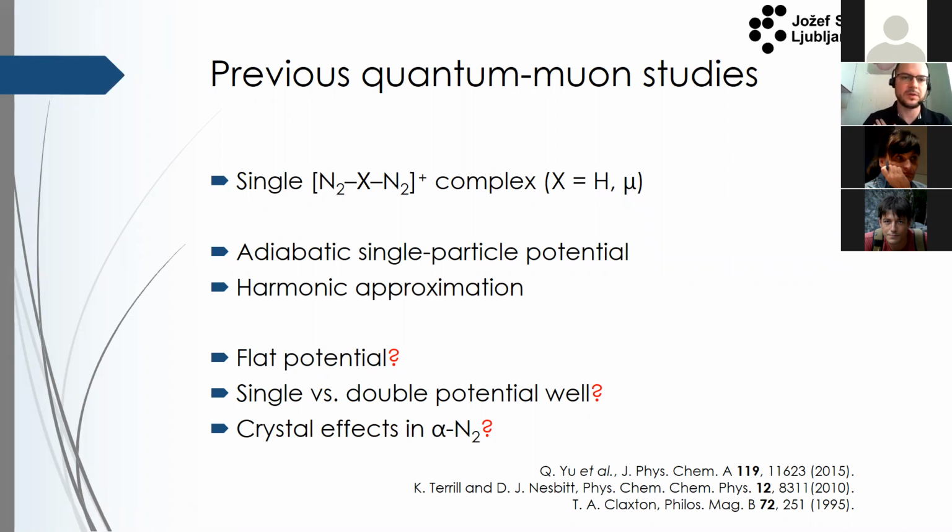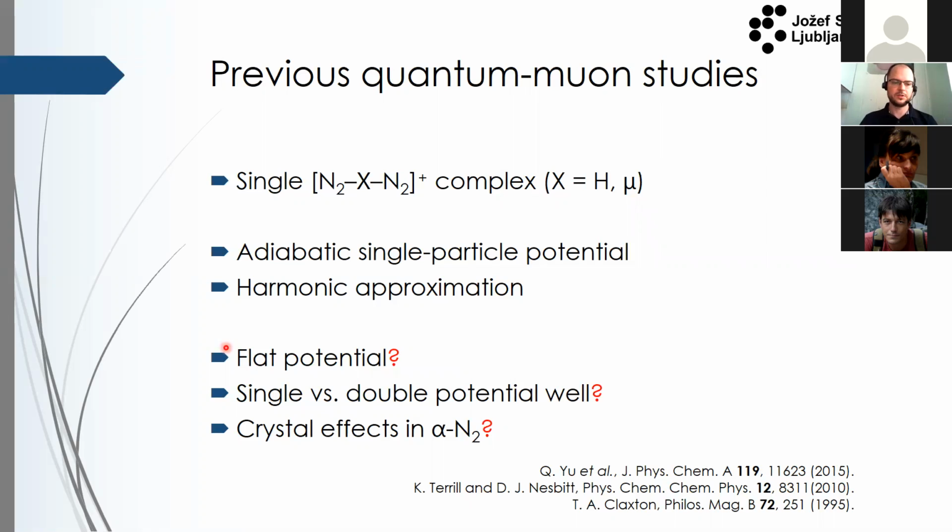Now, in this complex, people have studied this thing before, but outside of a crystal structure, just on its own, but using different kinds of approximations. So one was adiabatic single particle potentials. I'll explain what those are later. The other was harmonic approximations. But the conclusions varied a lot between the different approximations.